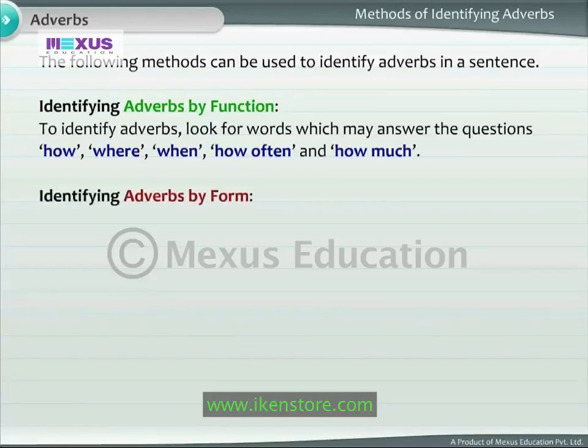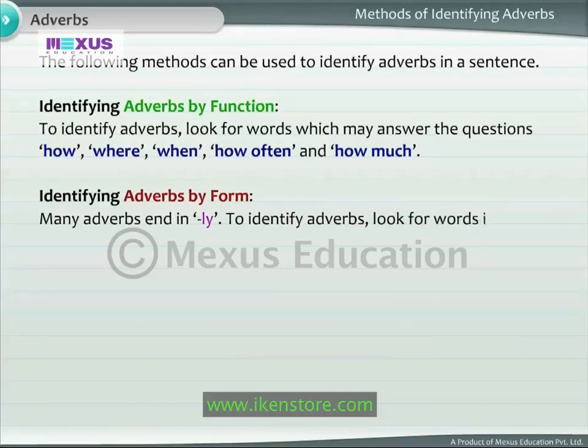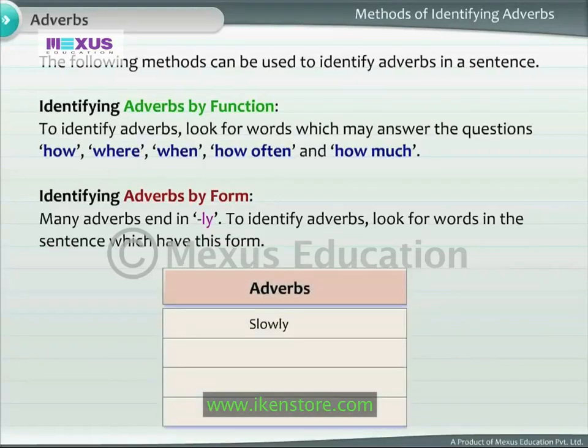Identifying adverbs by form. Many adverbs end in ly. Find words in the sentence which take this form. Slowly, quickly, absolutely, and perfectly are all adverbs. Not all words that end in ly are adverbs.